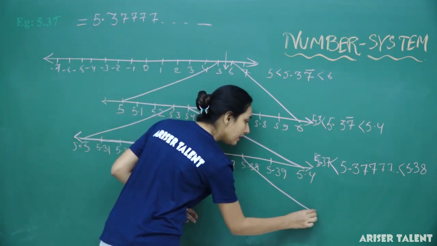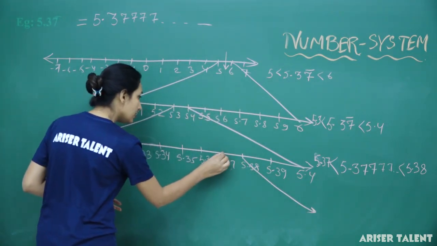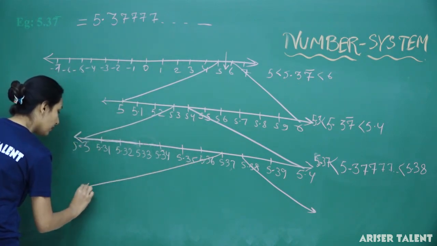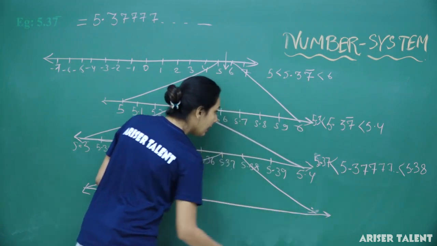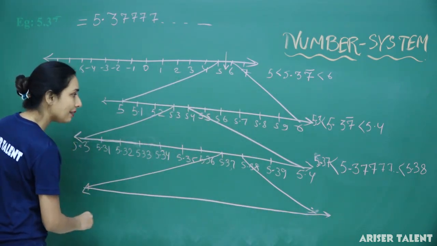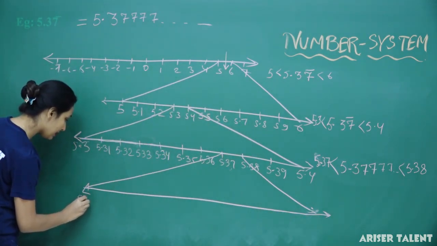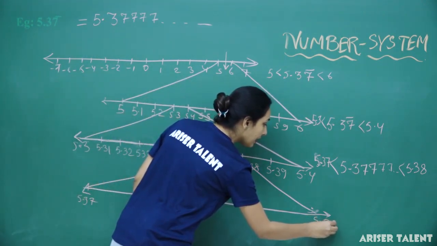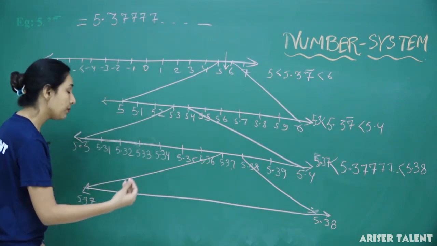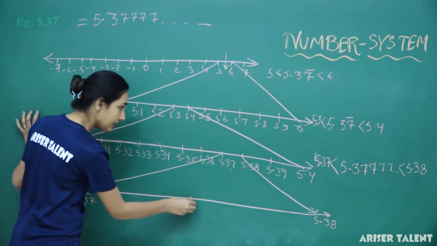So that will lie somewhere between this and this. Okay. So I will be marking this line again, and at this extreme end I will be having 5.37 and here I will be having 5.38.